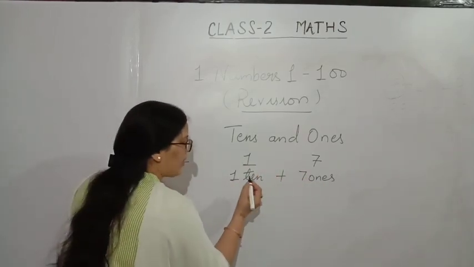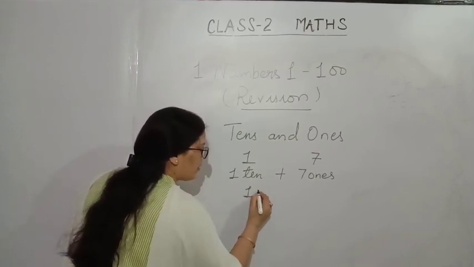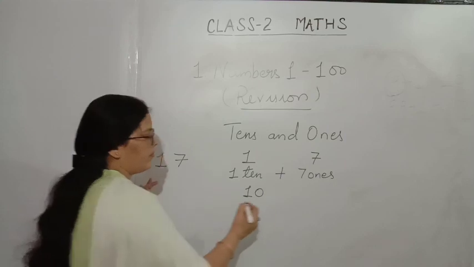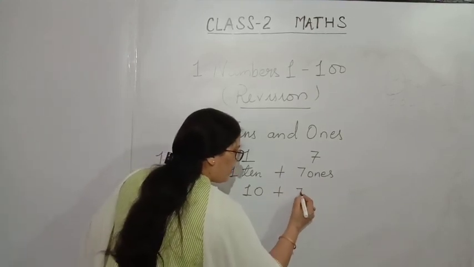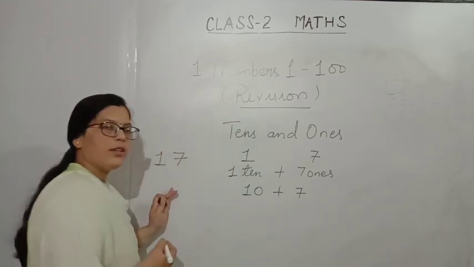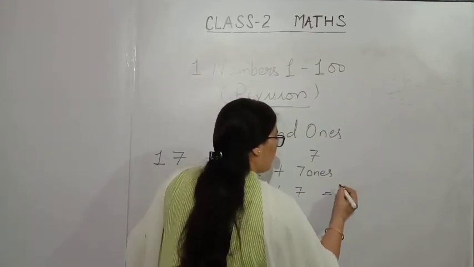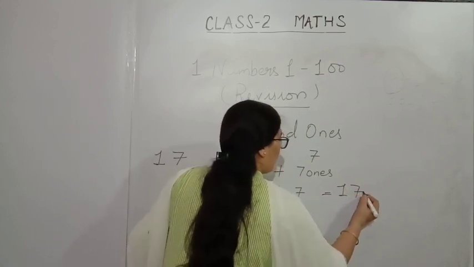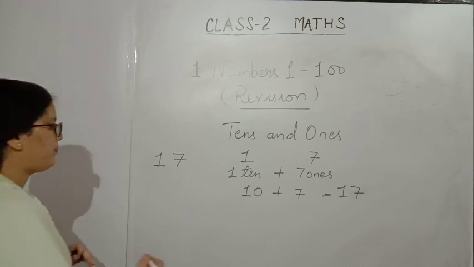Now what is 1 ten? 1 ten is 1 times 10, that is 10, plus 7 ones. 1 times 7 is 7. So 10 plus 7 forms the number 17.